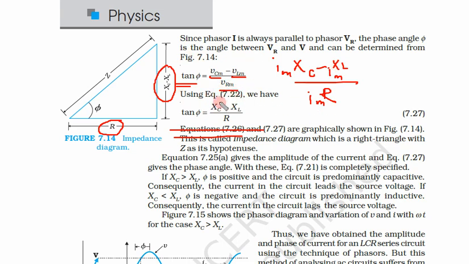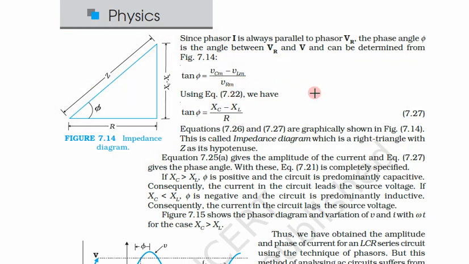So same triangle. If we divide by Im, we get it in terms of impedance, reactance and resistance. If we don't divide by Im, we get the same triangle in terms of voltages. So we get tan phi equal to Xc minus XL divided by R.